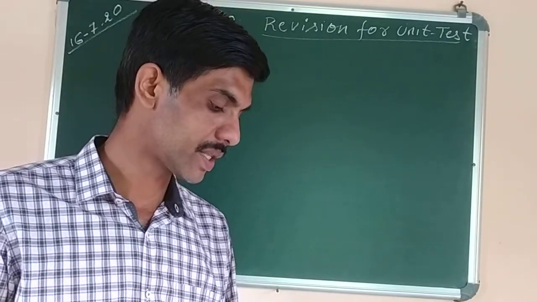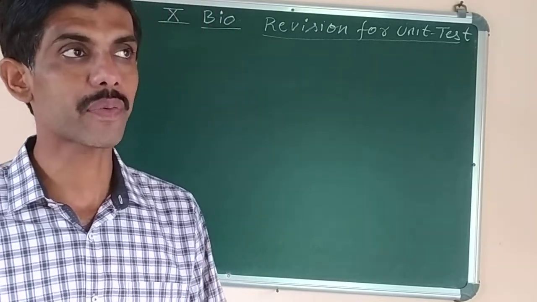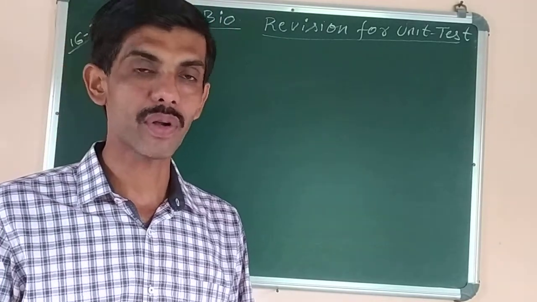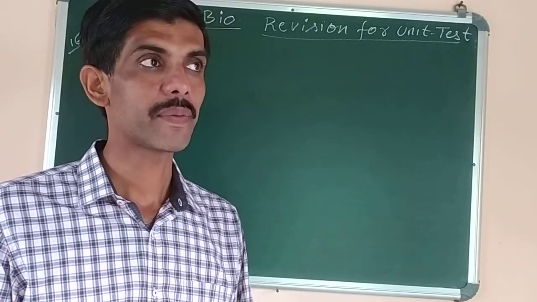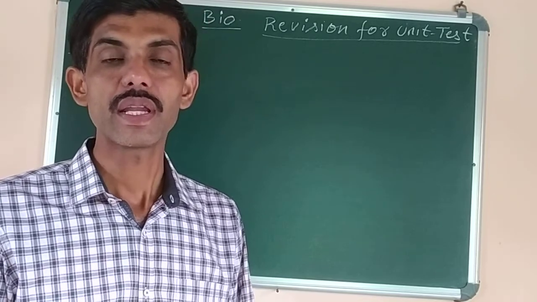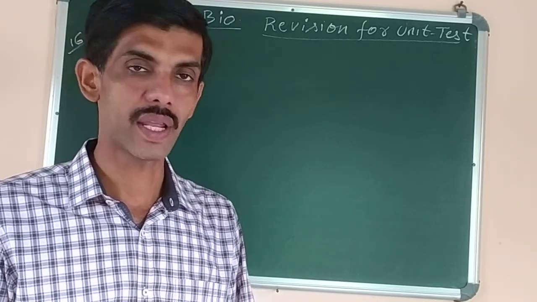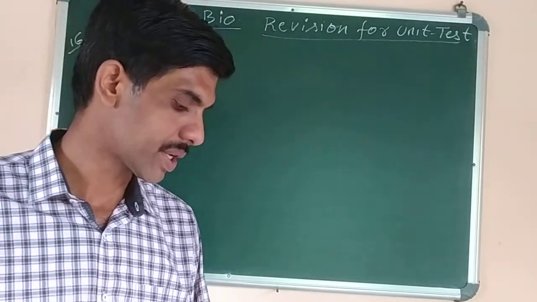A sudden change in one or more genes or the structure or the number of chromosomes which can bring about new changes in the progeny, that is in the offsprings, is called mutation. So due to mutation, new characters may arise in an individual. Down syndrome is an example of mutation.